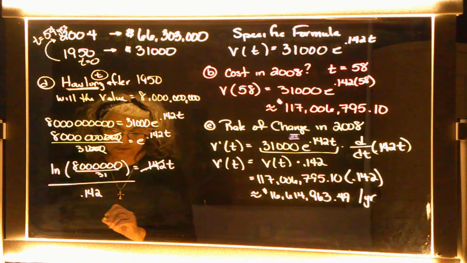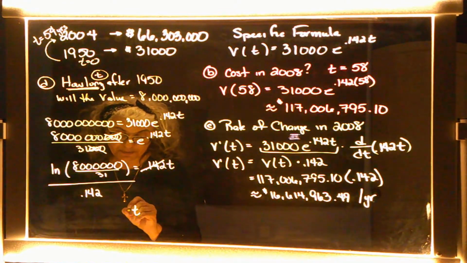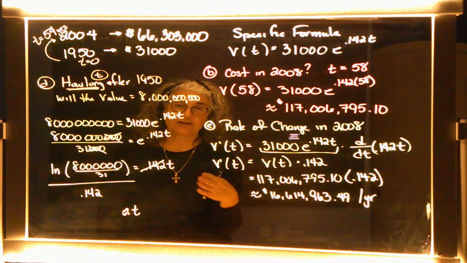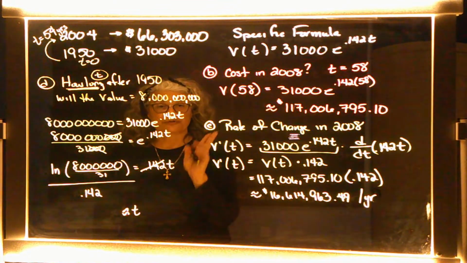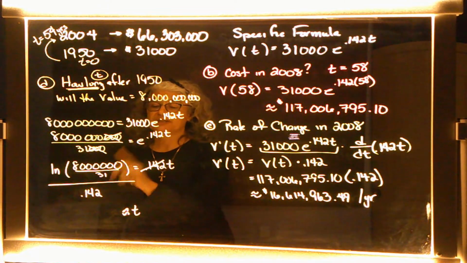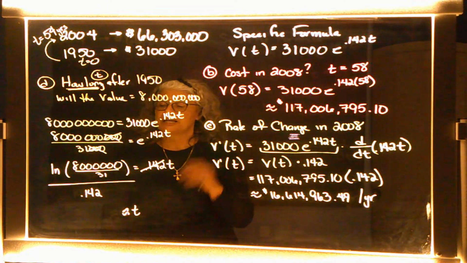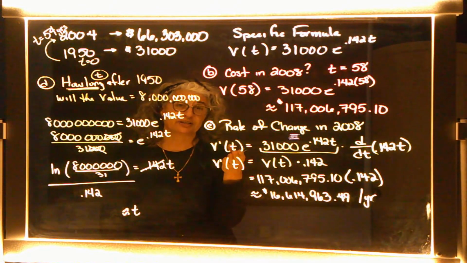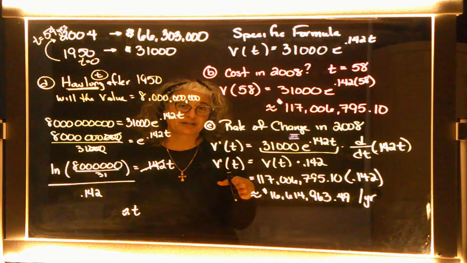Okay, so this is where you really have to be careful of your finger punching, right? I don't do any of my calculator work until the end. So the first thing I'm going to do, and this is what I would do, I would literally do 8 million divided by 31. Then take the natural log of that number. And remember, you're using your graphing calculators, so there's nothing you need to erase.